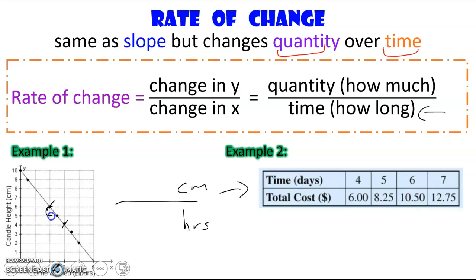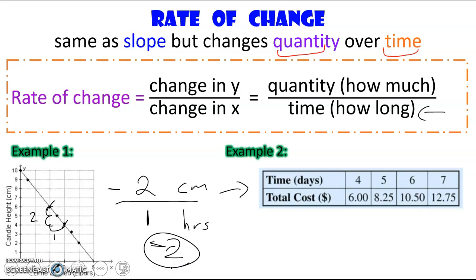So I'm going to count down 1, 2 spaces, and I'm going to count over 1 space. So remember, up or down 2, over 1. And remember, this slope right here is a negative slope, so it's going to turn into a -2 over 1, or just -2.